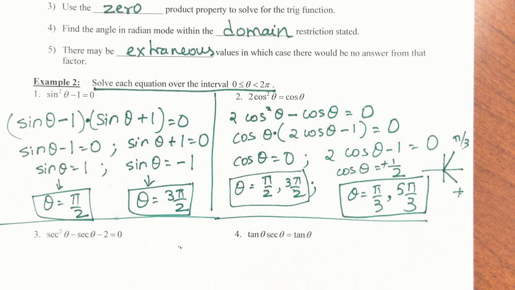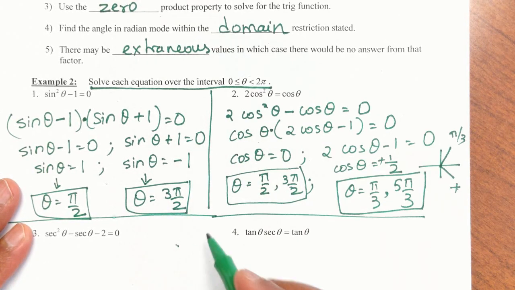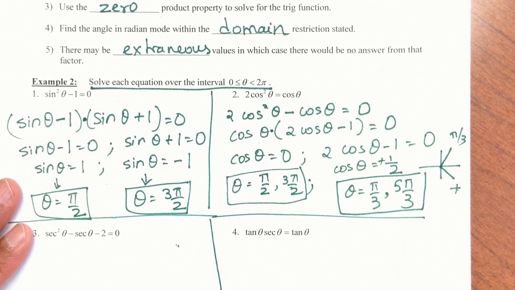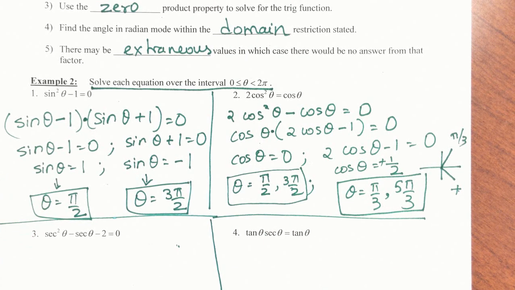Alright, please let me know if any of this is not clear. We're going to do 4 and then jump back to 3, because 4 is sort of similar to 2, at least as far as factoring is concerned.